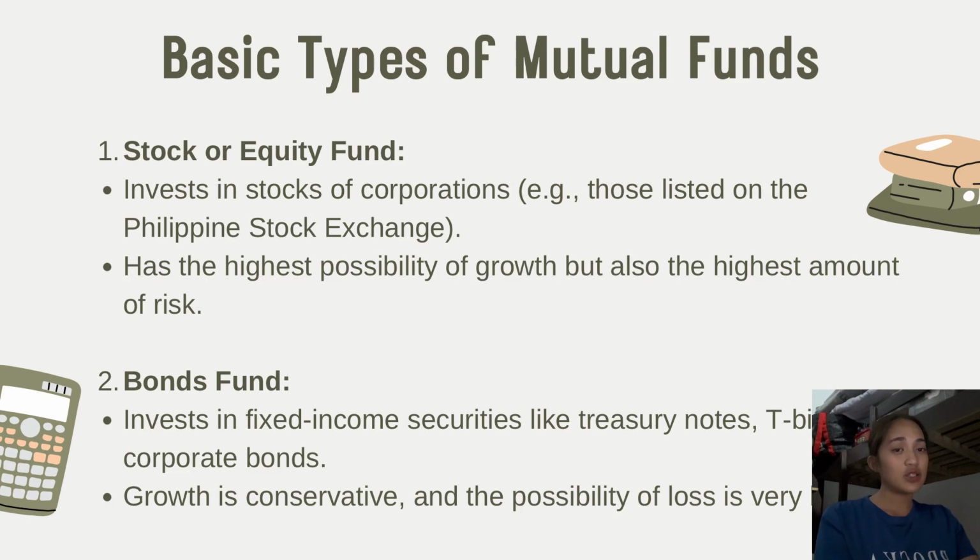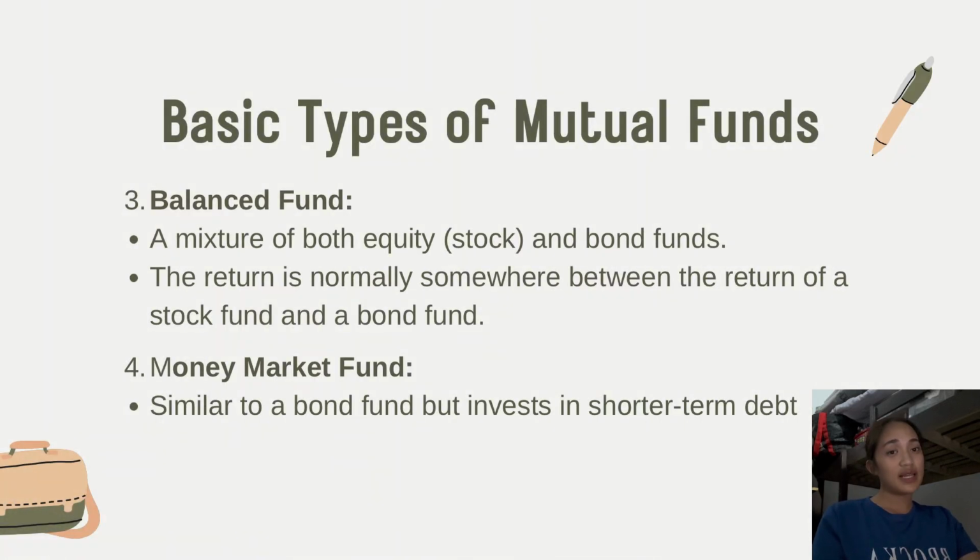Next is the bond fund. This invests in fixed income securities like treasury notes, T-bills, or corporate bonds. Growth is conservative and the possibility of loss is very low. Third is the balanced fund. It is a mixture of both equity and bond funds. The return is normally somewhere between the return of a stock fund and a bond fund.